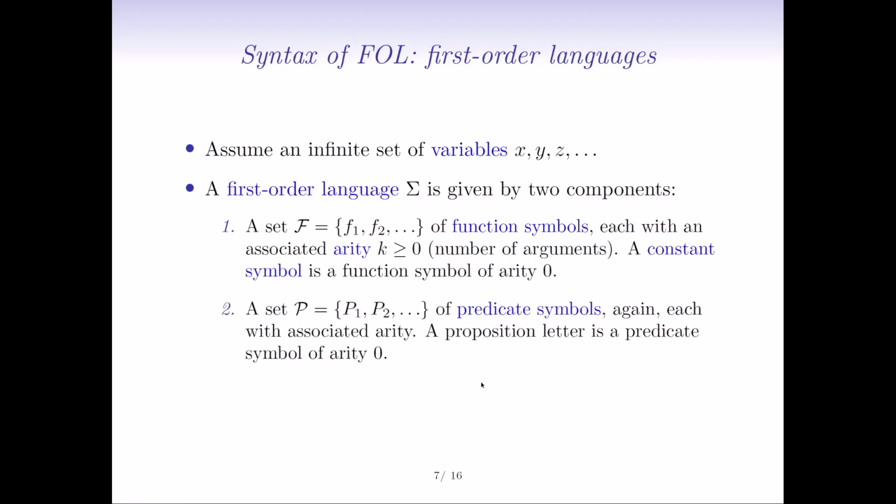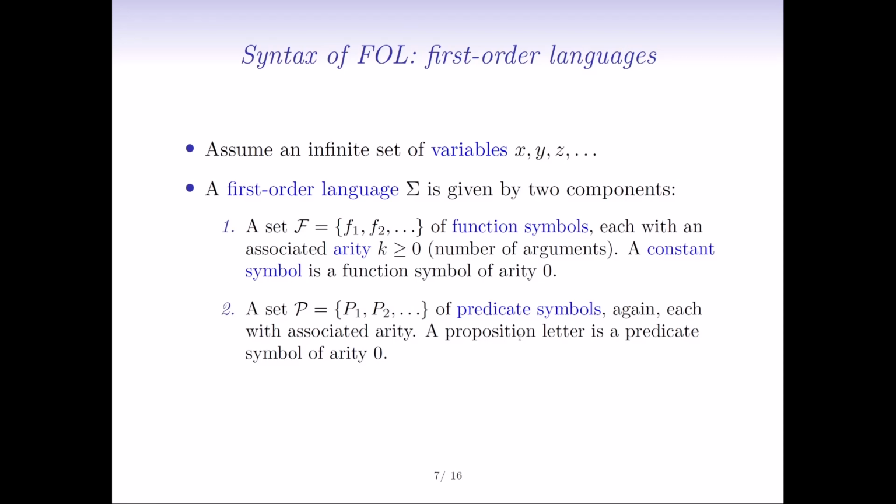And the second thing is that we also have a set of predicate symbols. Again, predicates could be unary, like man or mortal in the previous example, or they could be, for example, binary. That's very common when we're talking about relations between objects, x loves y and that kind of thing. In the special case where a predicate symbol has arity 0, so it doesn't take any arguments, it can then just be seen as a proposition.